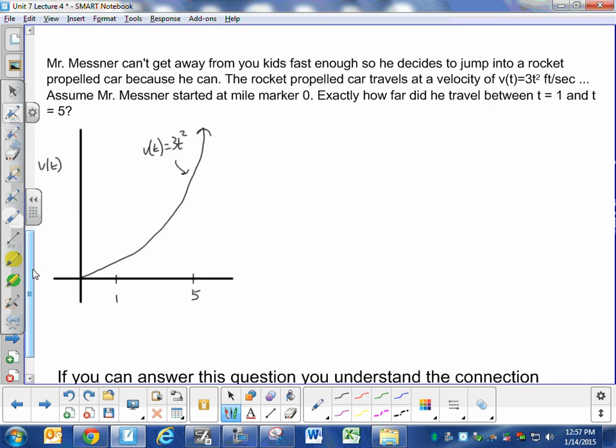Assume I started at mile marker 0. Could you tell me how far I traveled between the first second and the 5th second? Well, graphically, what is this distance that I traveled? The area, right? So whatever this is, that's my distance.